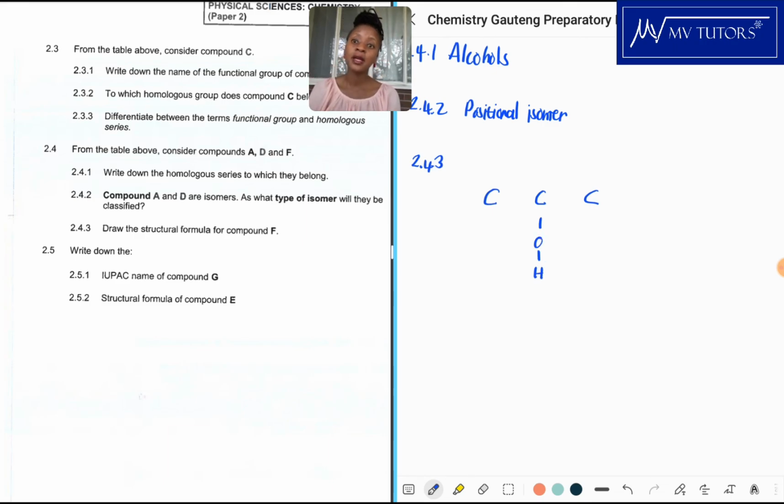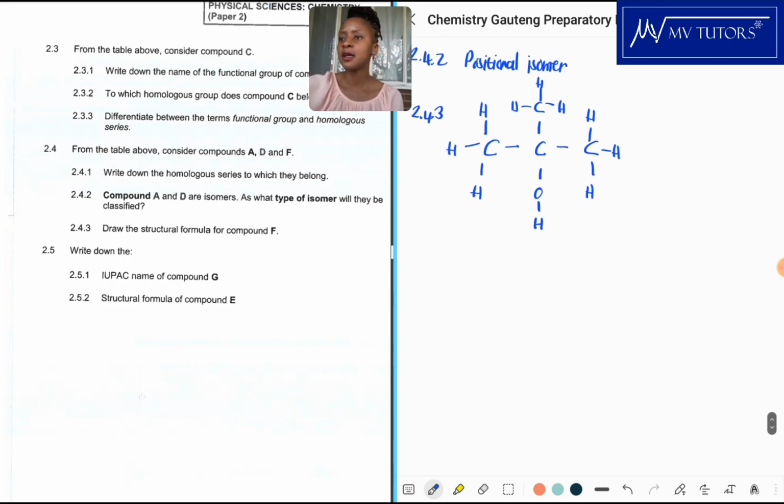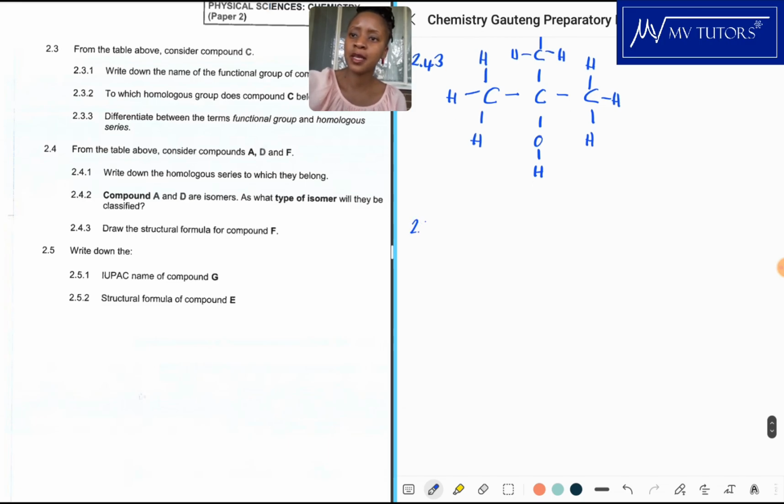We need to show the line, the Lewis diagram, basically for it, with the lines, not the dots. Okay, so the first carbon, we had the 3 H atoms. And the second one, we had a methyl group. Okay, so we also need to show structures there. And then the last carbon. Okay, it's basically that. And now 2.5, we're almost there, guys.